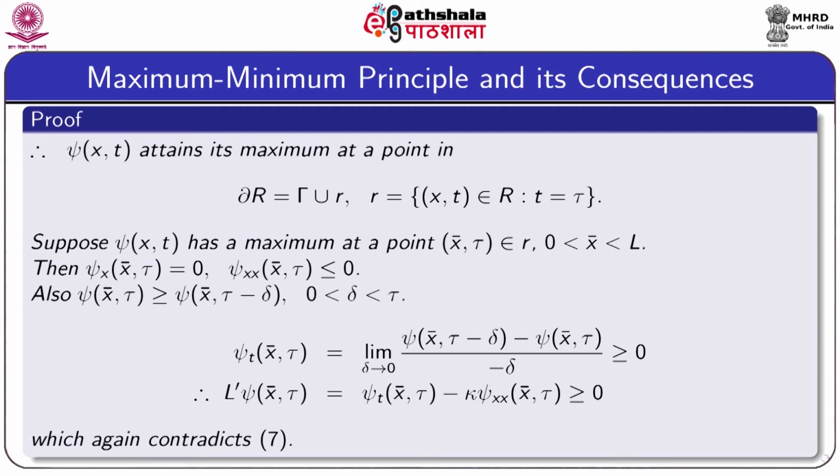Therefore, we can conclude that ψ cannot attain its maximum at a point in r. Therefore, the only alternative is that ψ attains its maximum at a point in Γ.